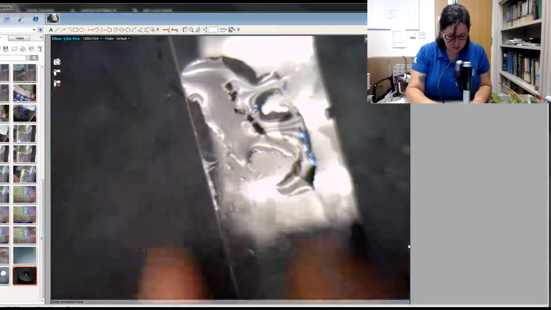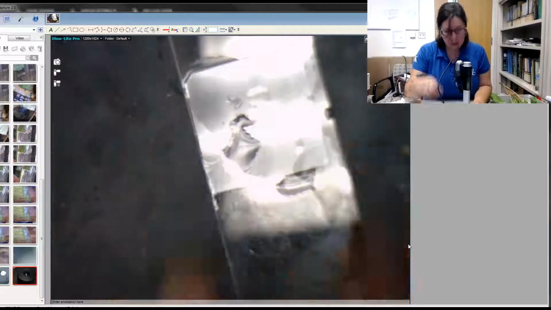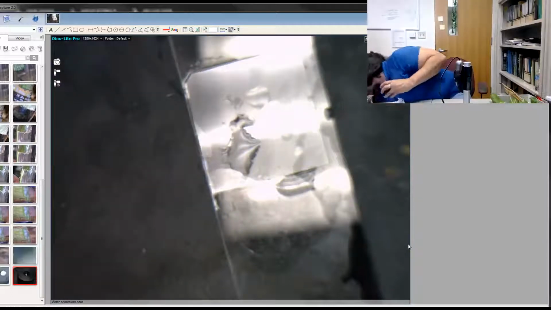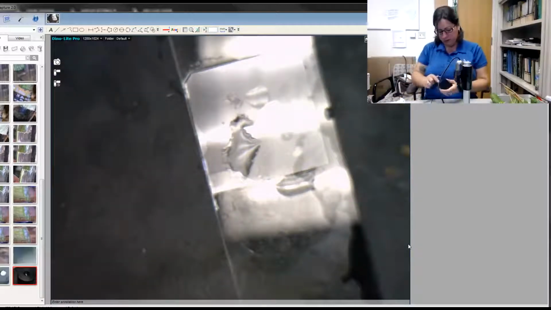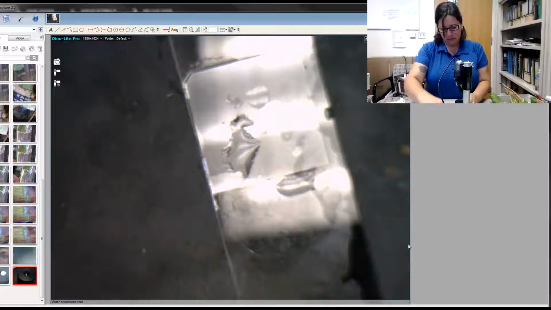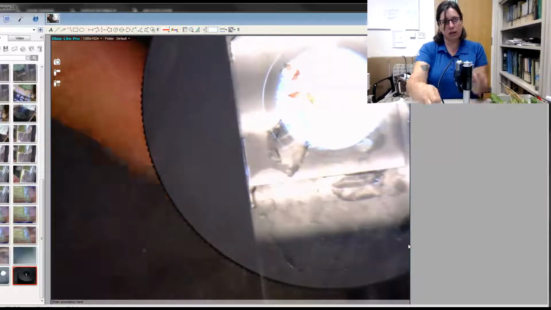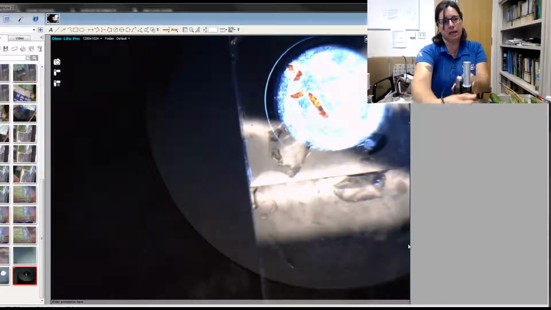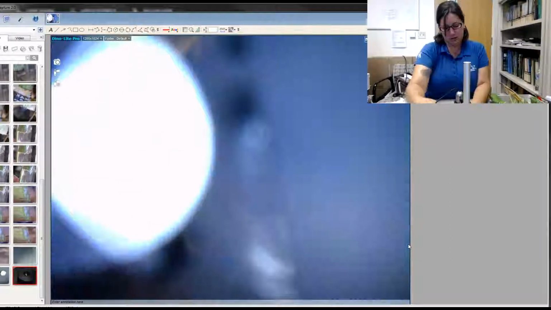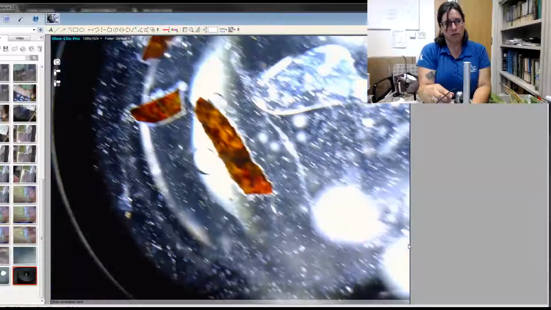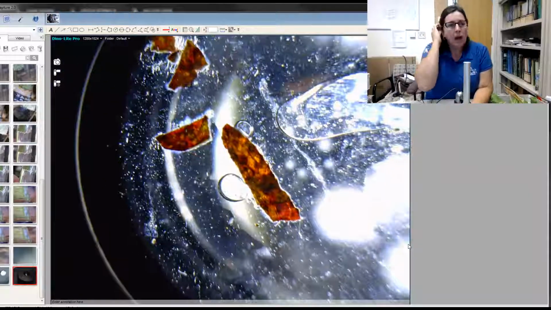So my cover slip is going on. All right. I'm replugging my little light block for you. And I'm going right there under the Dino Light. I'm going to lower my Dino Light. There we go. And we're going to look.